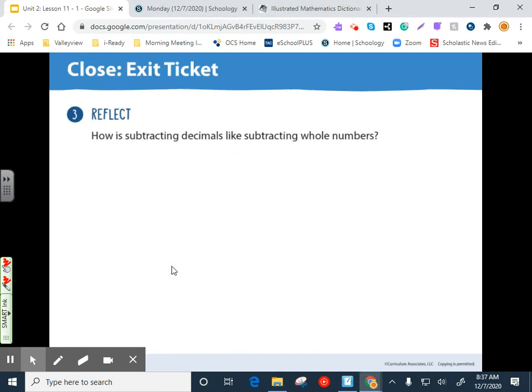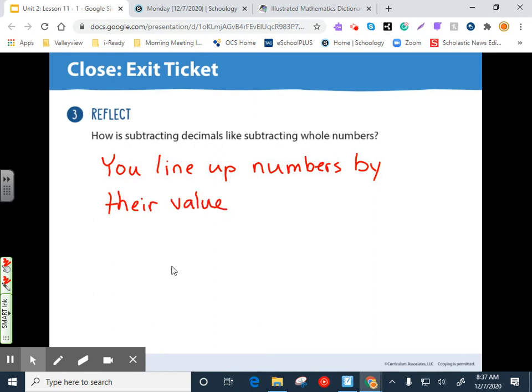All right, and lastly, how is subtracting decimals like subtracting whole numbers? Again, same rules. You line up numbers by their place value. And that's easily and accurately done when both numbers have decimals, and you just line up the decimals.